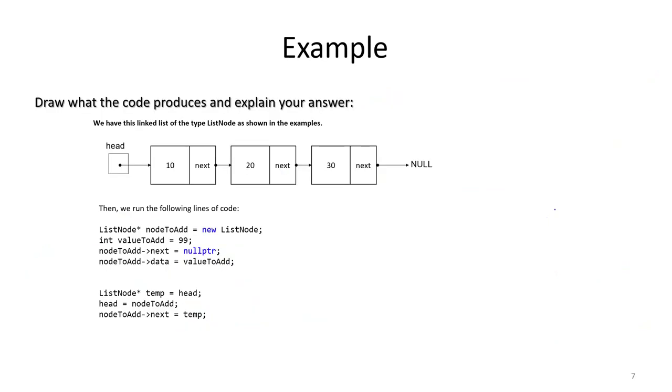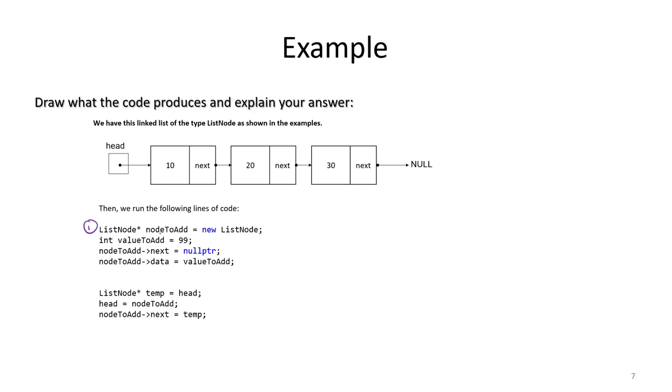Let's try one more example. In this example, we have our linked list, and look what we're trying to do. We have 3 nodes, 10, 20, 30. They're all of list node type. And now we're running some more code. Let's see what this first line does. List node star node to add equals new list node.